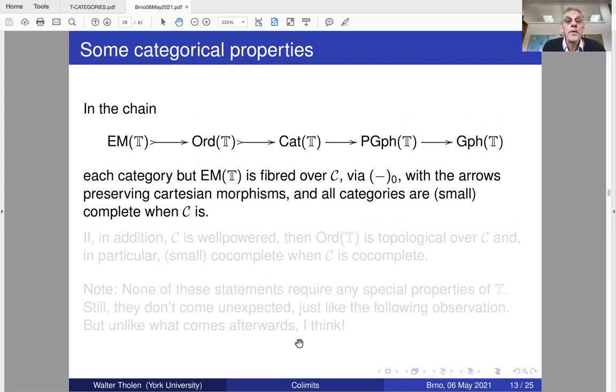All right, so just a few remarks on what you can say about these connecting functors. Each of these categories that you see on the screen is fibered over C, except for the Eilenberg-Moore category, of course. The arrows preserve Cartesian morphisms, and then you can do your exercises proving things like if the base category is complete, then also the fibered category will be complete.